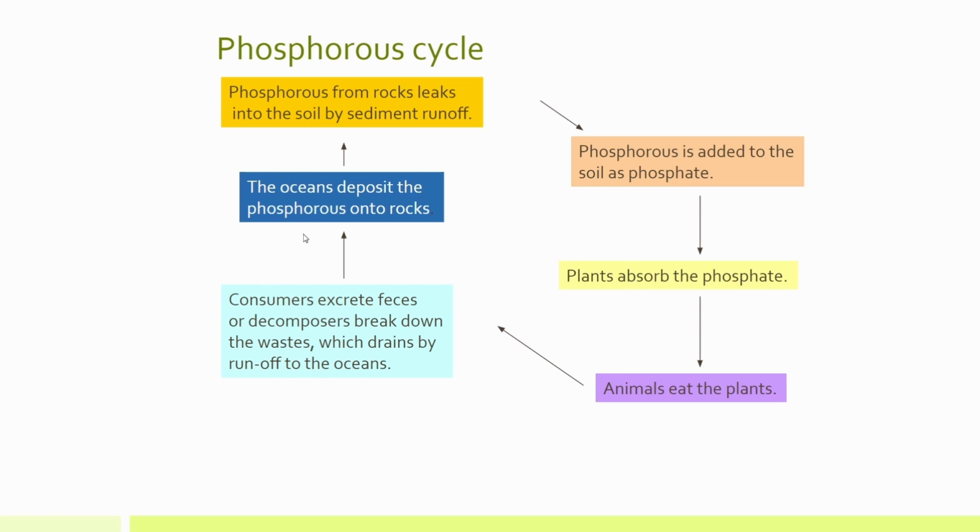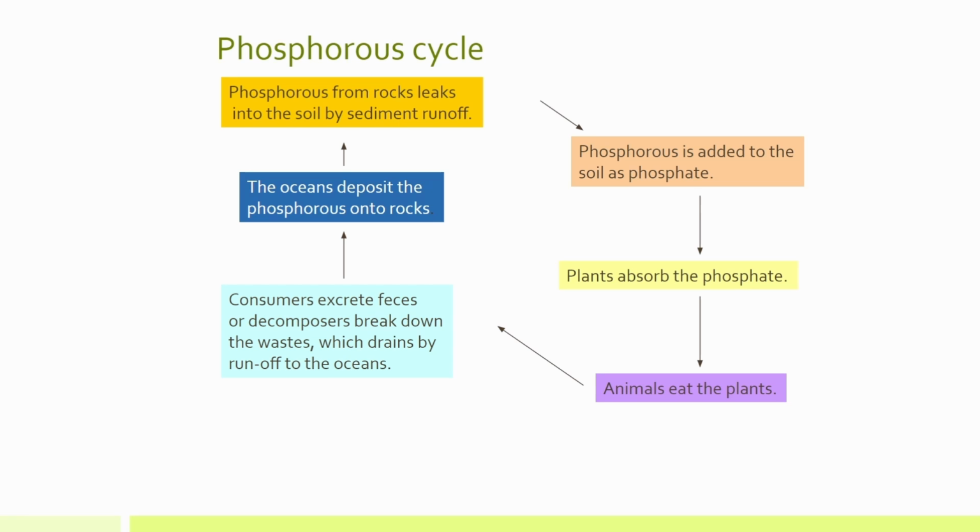Next, let's look at the phosphorus cycle. It is a cycle, so we could begin anywhere. But let's just start with phosphorus from rocks leaching into the soil by sediment runoff. That runoff is phosphorus rich, and it gets added to the soil as phosphate. And the phosphate in the soil is absorbed by plants. Animals eat the plants.